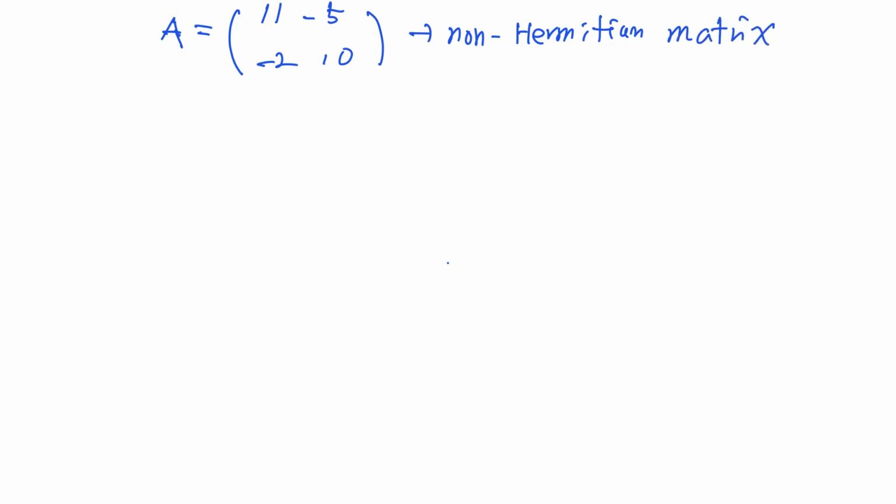That means if you take the dagger of A, it's not the same as A. So A dagger is 11, -2, -5, 10, which is definitely not A, right? It's not Hermitian. But there is a way that we can make this matrix Hermitian by defining a new matrix.